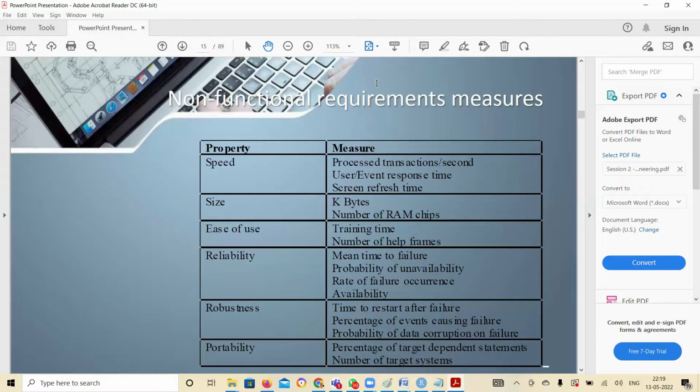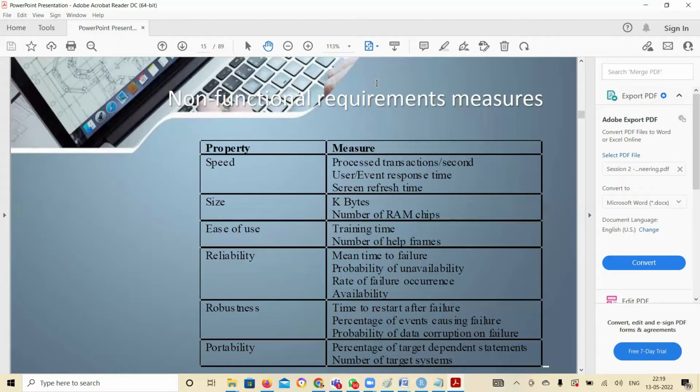Fewer help frames means there is less you need to know to operate the system. But it doesn't mean that you don't add help frames saying it is easy to use. Then your user will get stuck, right? That's also not something that we want. So that is the help frames.